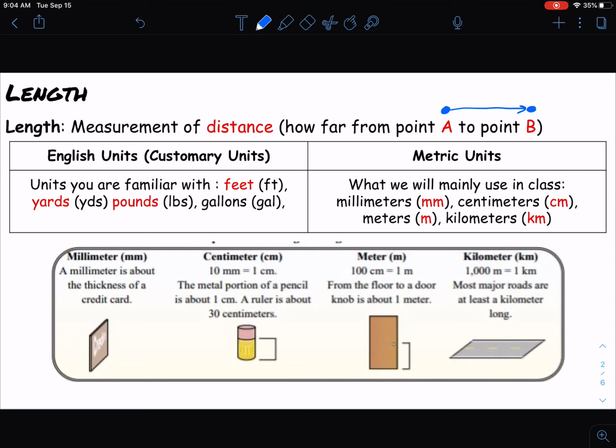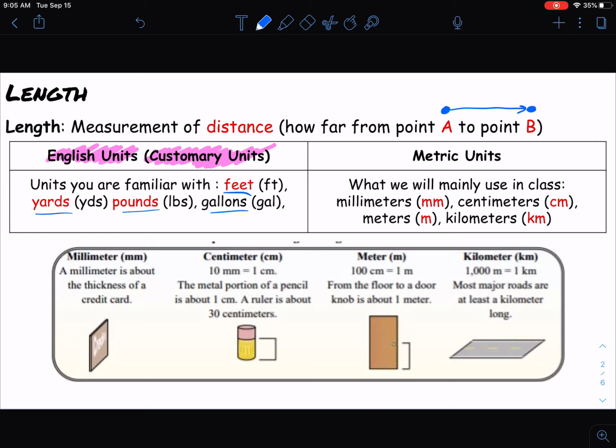to point B. You are used to measuring distances in English units, also called customary units. When I ask you to visualize feet, yards, pounds, gallons, all of those things, those are customary units, though gallons and pounds are not for length.